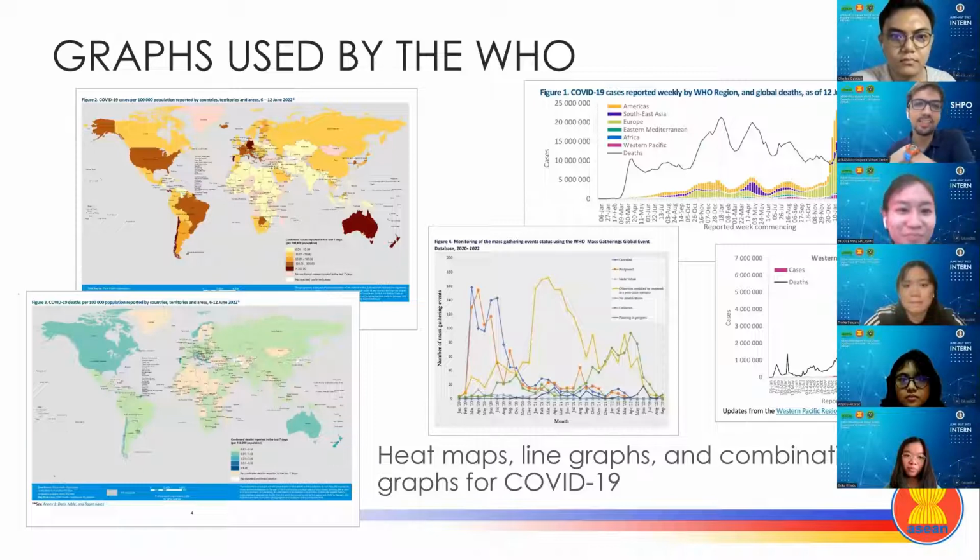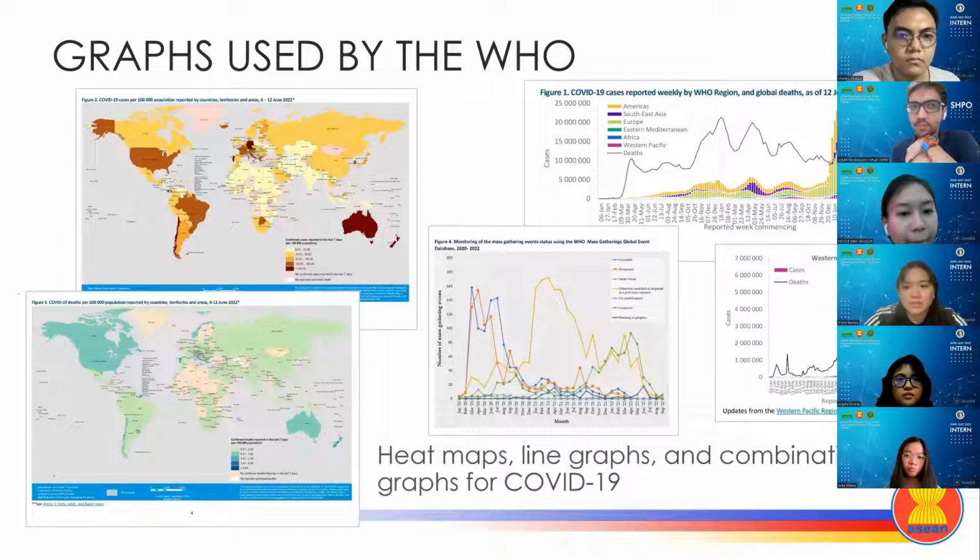What do you think? That's how we analyze maps and graphs in epidemiology. Why are there no cases in North Korea, and yet they're reporting deaths? What would be the reasons? Any brave soul?